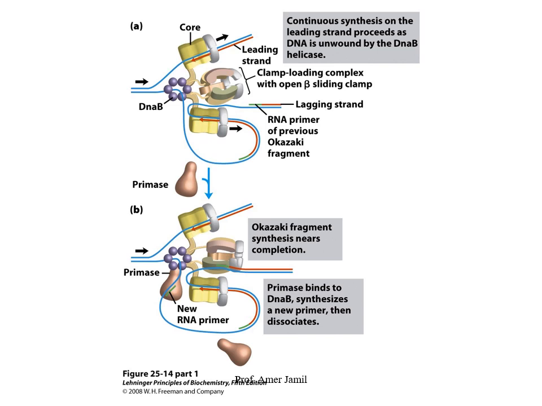You can see this is the clamp loading complex, and these are the clamps, and this is the loop. Both of these move in the same direction, in the 5 prime to 3 prime direction, but in this case, because of the loop, this DNA polymerase looks to be moving in the same direction.